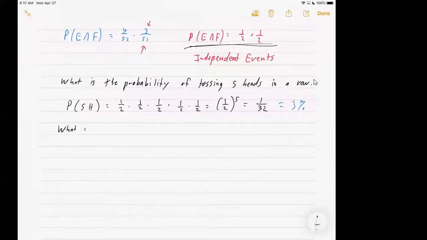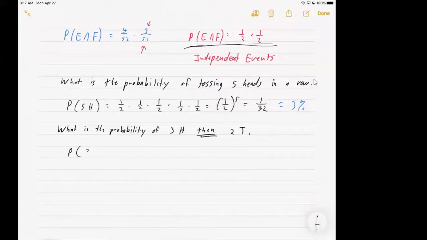Okay, what is the probability of, I'm just going to shorten this, 3H, then, that's the key word, 2 tails, 2T? So what is the probability of 3 heads and then 2 tails? It turns out it should be the same.